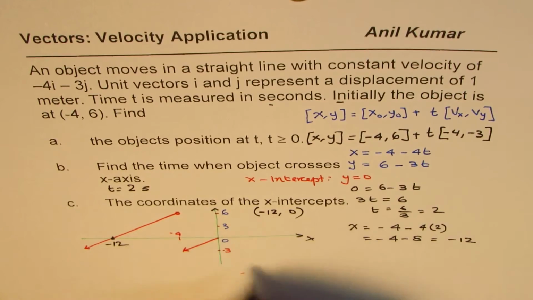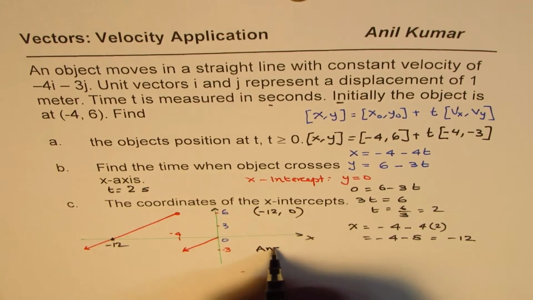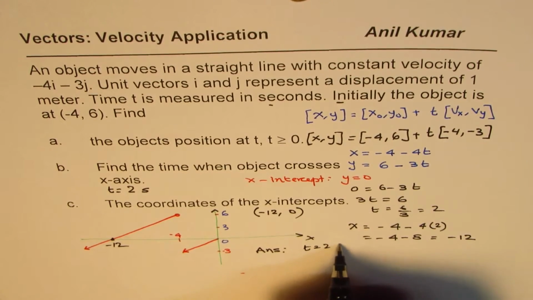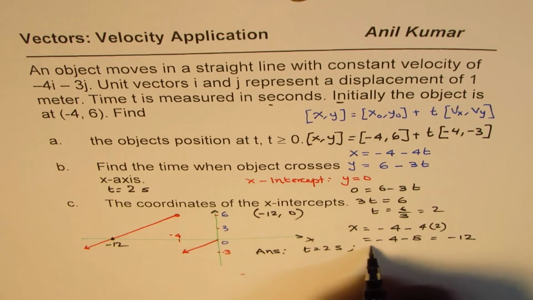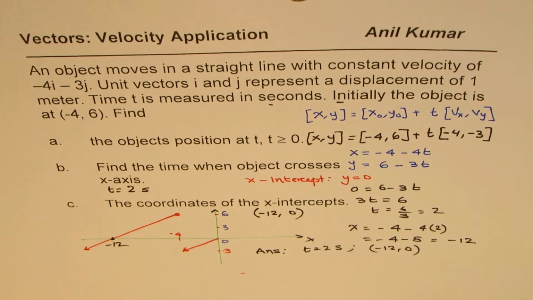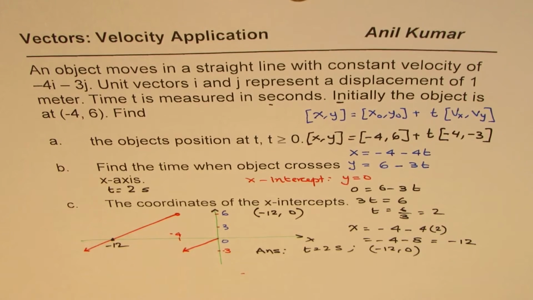Okay, so that is our answer. So we have all our answers here. First answer is this equation, then we have t equals 2 seconds, and then we have the coordinates as minus 12, 0. I hope that helps you to understand the basic concepts of position vector, how it is related with time and velocity.